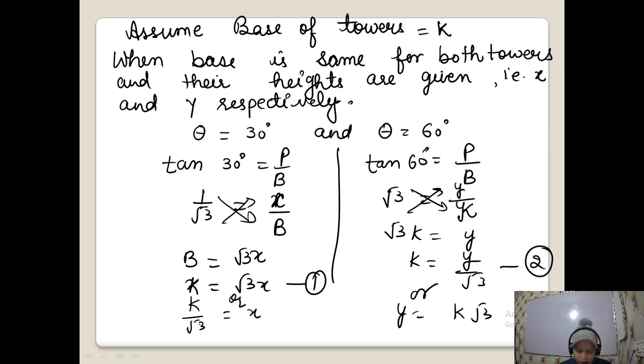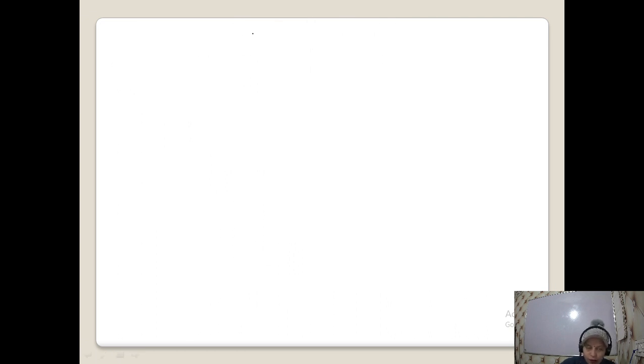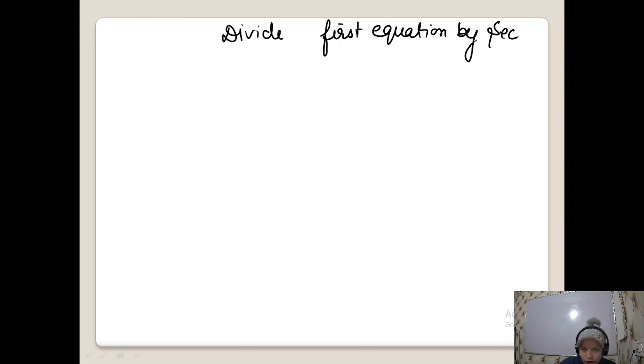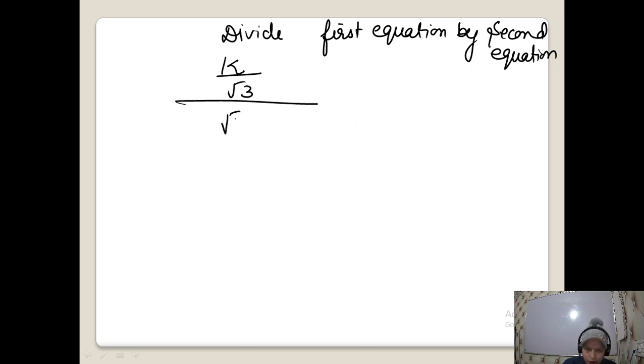After this you have to divide first equation by second equation. We have first equation is k over root 3 and second is root 3k.